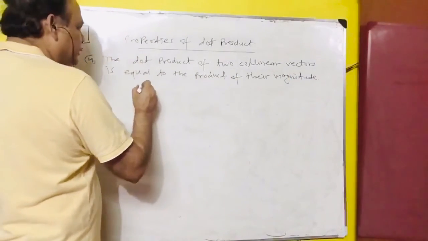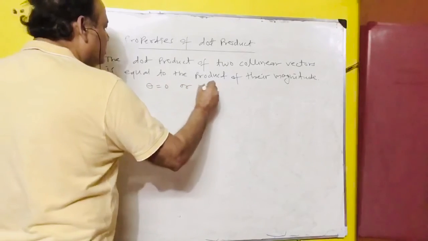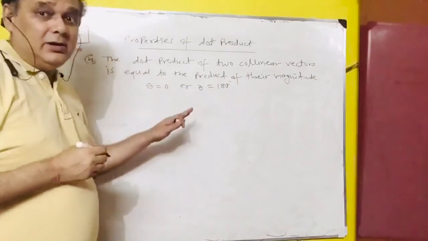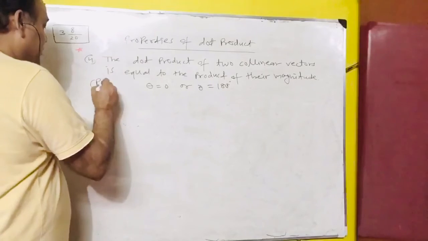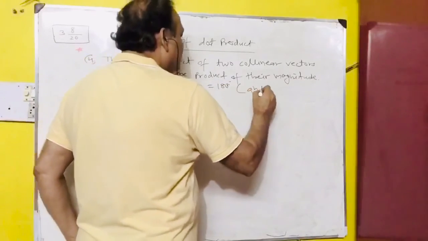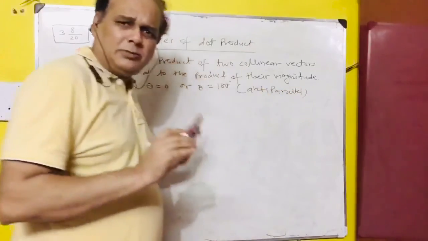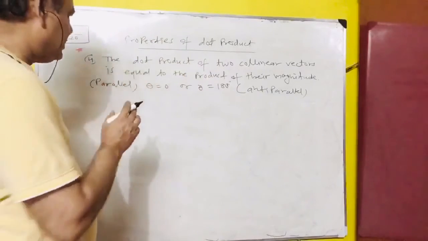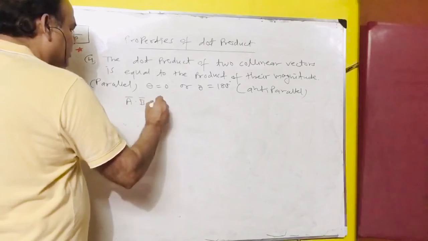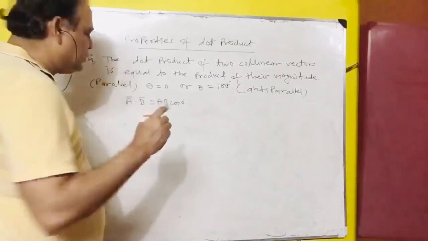तो कोलिनियर मीन्स थीटा इज इक्वल टू 0 डिग्री और थीटा इज इक्वल टू 180. अगर आपको ये अच्छा नहीं लगता तो आप लिख सकते हैं ये पैरेलल हैं एंड दीज आर एंटी पैरेलल. ओके, आपको जो अच्छा लगे आप वो माने, राइट. तो अगर मैं ये लूँ तो देखिए A vector dot B vector is equal to AB cos 0, and cos 0 is 1.